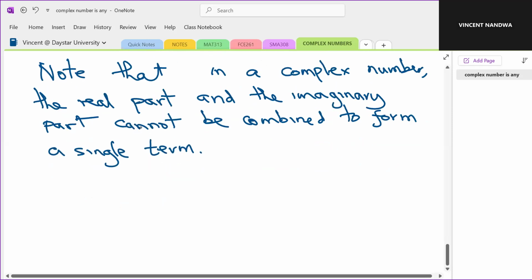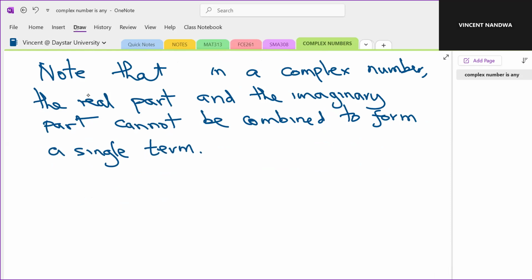Having appreciated the definition of a complex number, then we can have this.